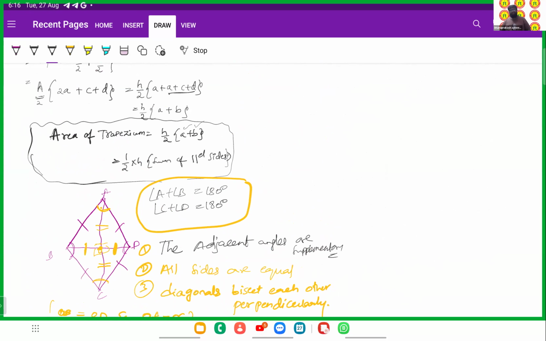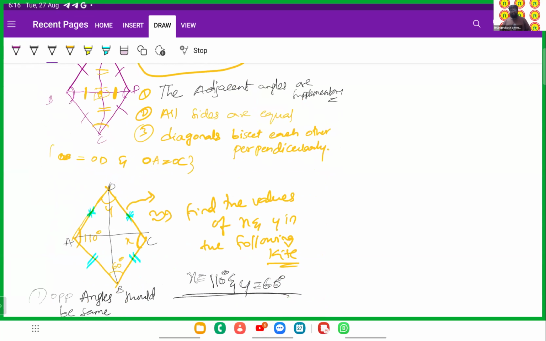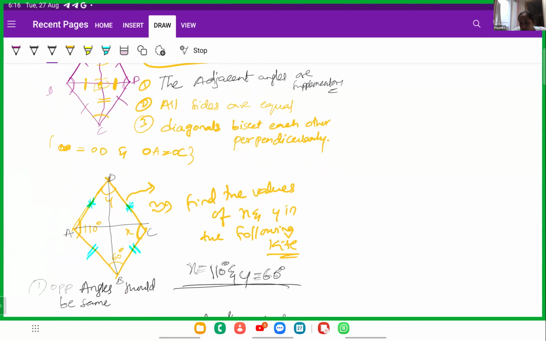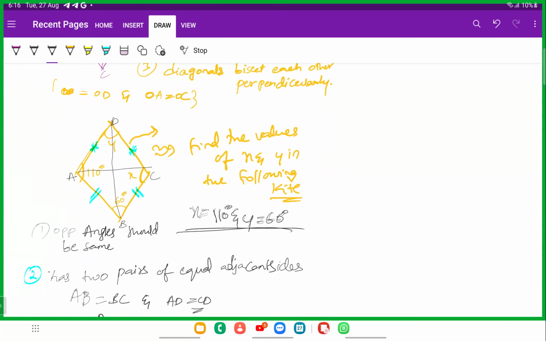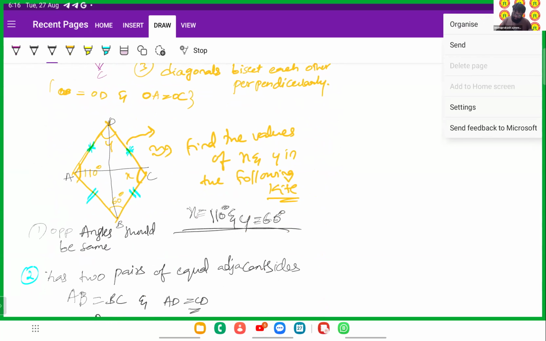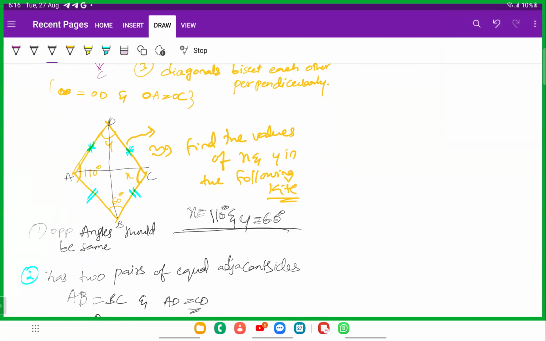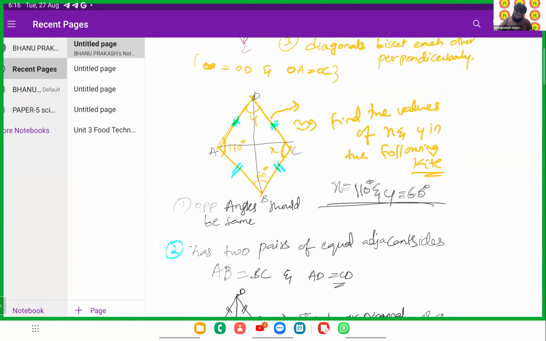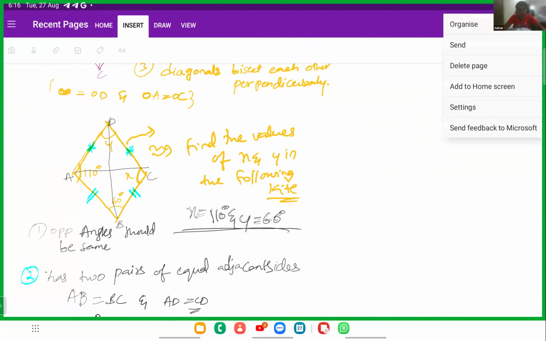Friday's class, we discussed only basic things of mensuration. Everyone take a screenshot of it. Or else let me check if I can send this to you. Thank you, sir.